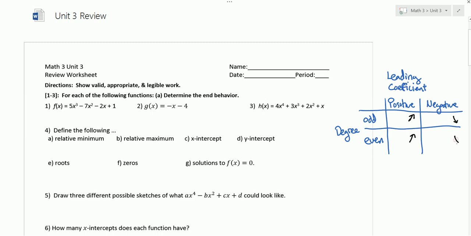So this is the right side. Now if the degree is odd, then left and right sides will point in opposite directions. It doesn't matter what's in between, we're just looking at the end behavior. And if the degree is even, then both sides, left and right, will point in the same direction.